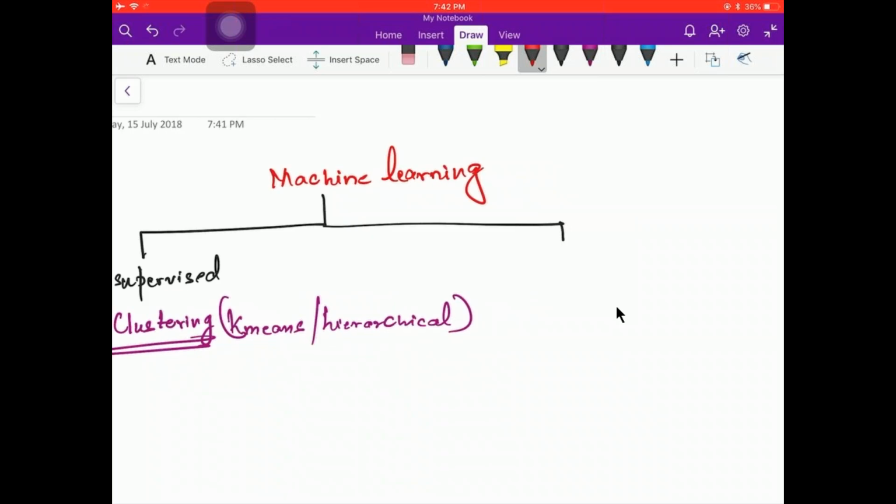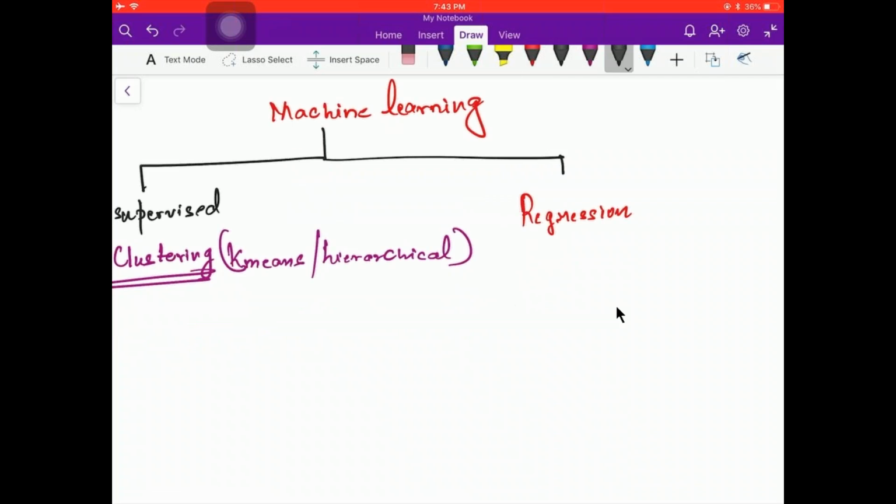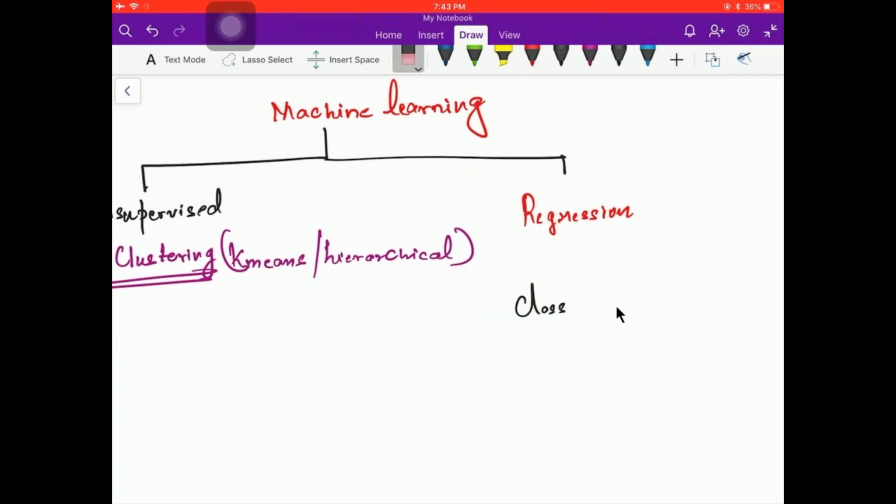Now, machine learning will have regression, and then it will have classification.